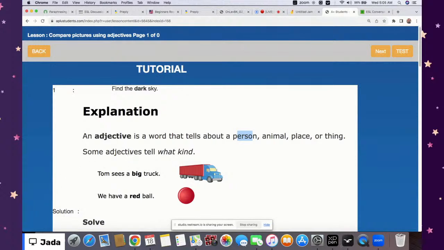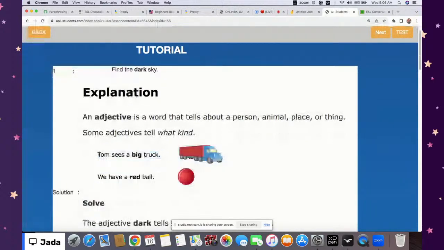Now, some adjective tells what kind. So even when an adjective is telling you about a person, animal, place, or thing, other adjective can tell you what kind. So now, Tom sees a big truck. This is a truck here, right? And then it says that Tom sees a big truck. Now, what kind of truck does Tom see?